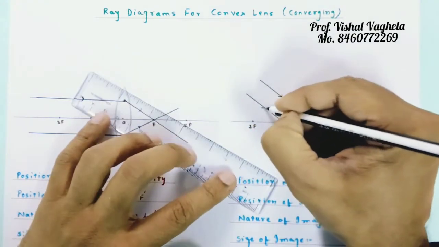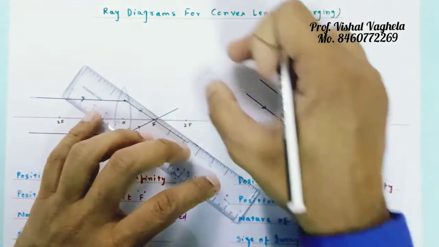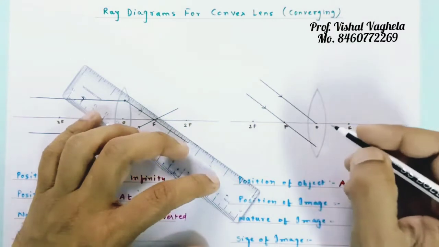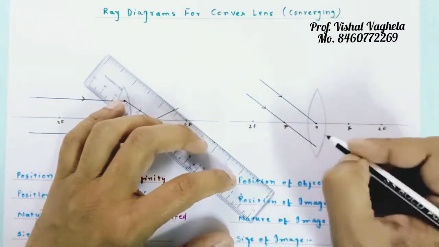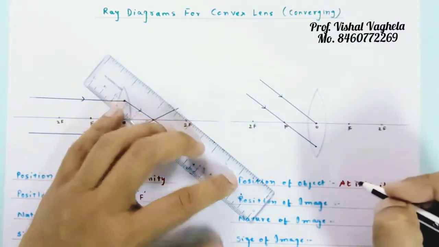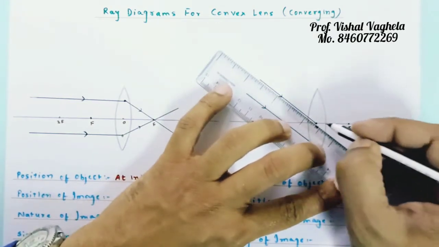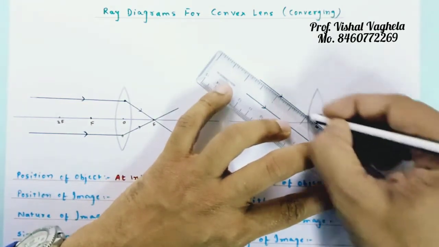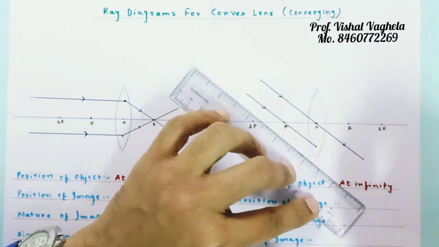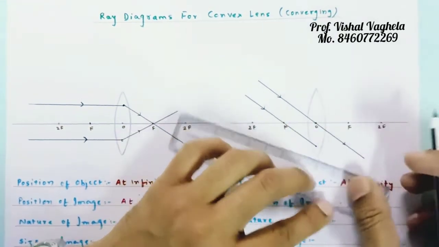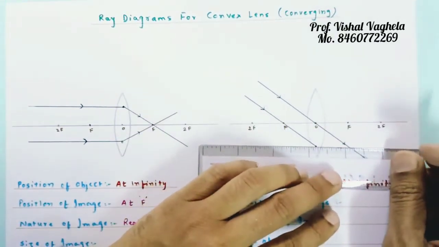These two rays are coming from an object which is at an infinite distance. We know that any ray passing through O goes straight, undeviated, without refraction. So this is our first refracted ray, and any ray passing through focus after refraction becomes parallel.